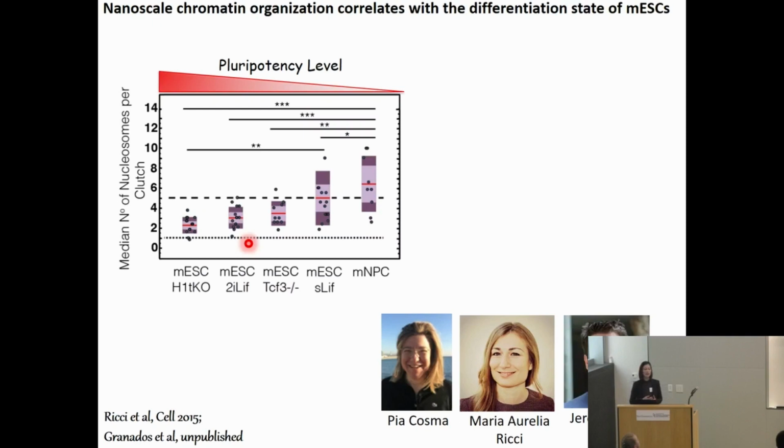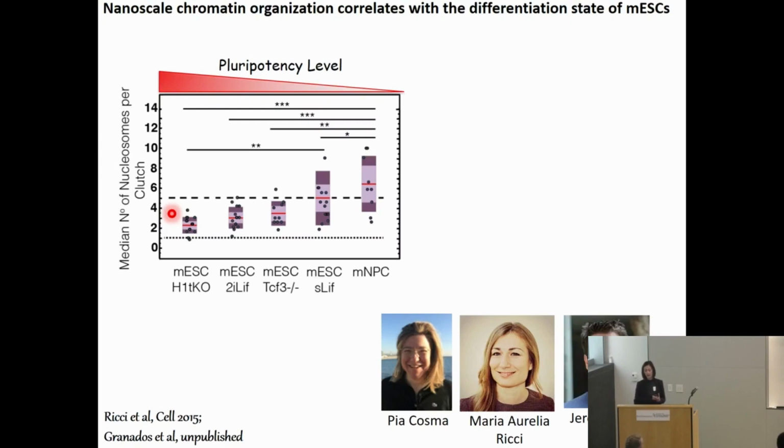So we were very intrigued by this. We wondered if chromatin nanoscale organization can be used as a marker of cell identity. In order to look at that, we didn't want to just look at clutch size, because this is just one parameter, one very simple representation of these very complex images that give a lot of rich information.